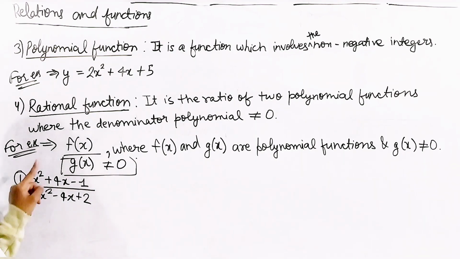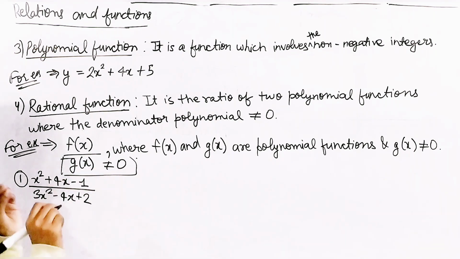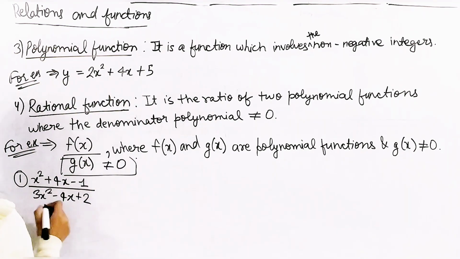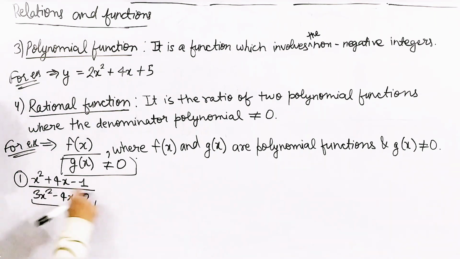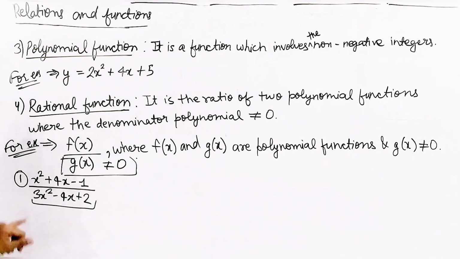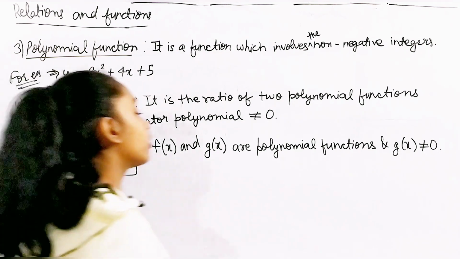So x squared plus 4x minus 1 upon 3x squared minus 4x plus 2. One thing we are going to keep in mind is that the denominator polynomial is not equal to 0. That's it. Okay? So let's have a look at it in graph.